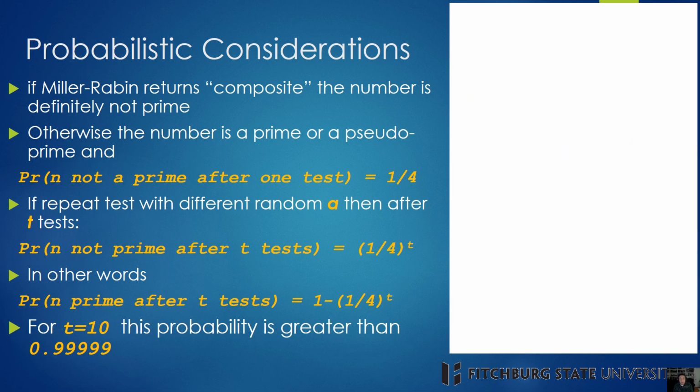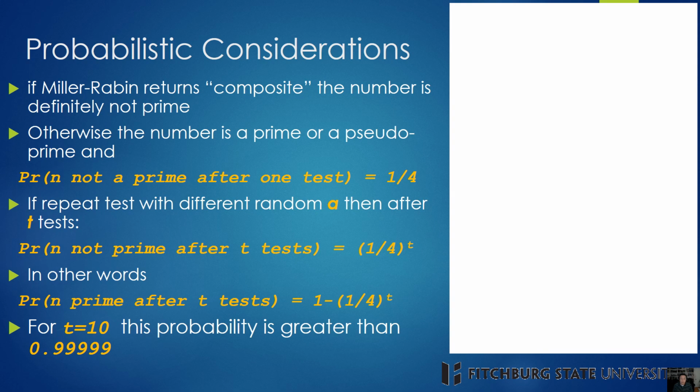Now, in the previous slide, we know that if we use the Miller-Rabin algorithm to test the primality of an integer n, we use a randomly generated integer a, between 1 and n minus 1, right? So we can test whether a satisfies certain modulo conditions.